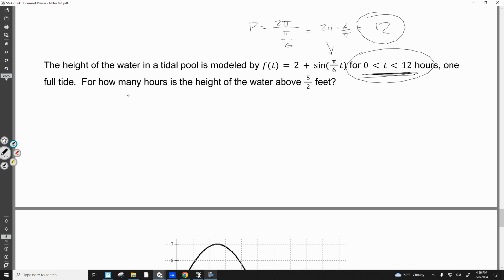Now I'm trying to figure out when the height of my water is above 5/2 feet. Now this is just like finding when it's above 1/2 of a foot after subtracting 2.